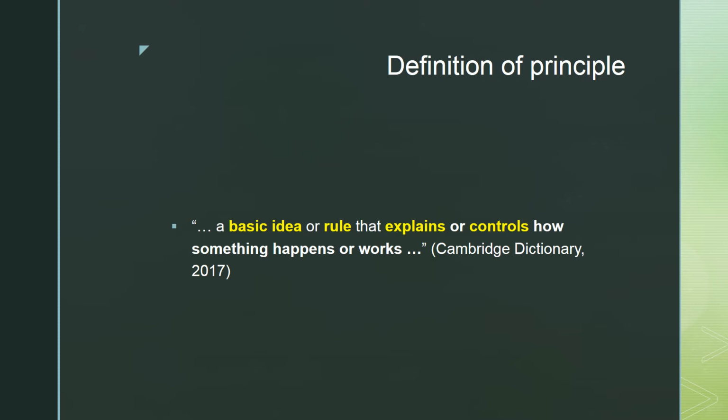And when we are looking at the key principles of project management, we are interested in what are the basic ideas of project management? What are the basic rules which explain or control how project management is conducted, how it is done?